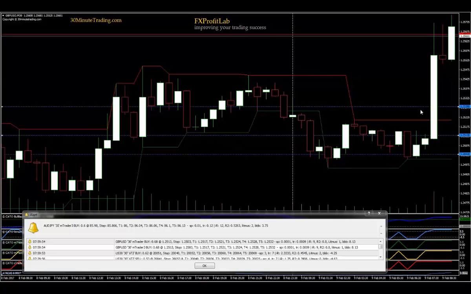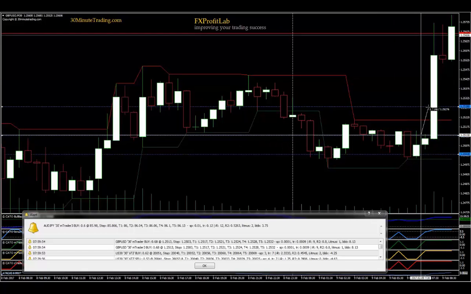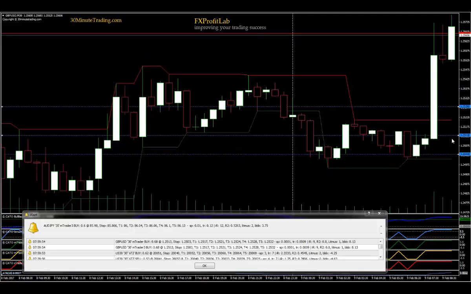If you targeted it just there, well then you would have got a total of 15 pips, so 15 times 6, which works out at around 90. So still not bad for not very much time.